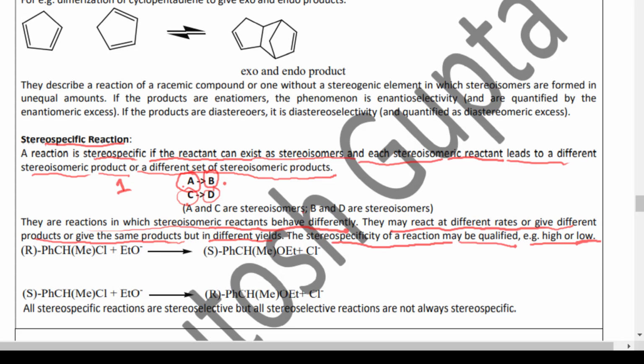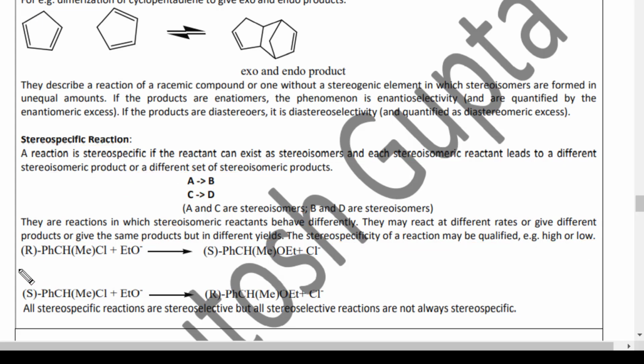So again, we start with R and we get only one stereoisomer formation, right? And if we take its stereoisomer, in other words we started with R, here we take its S optical isomer, then we get this.